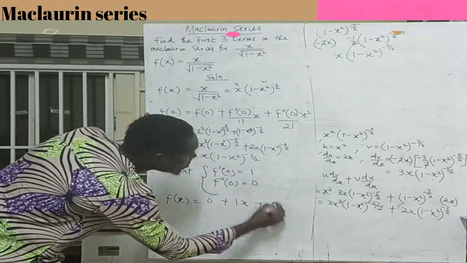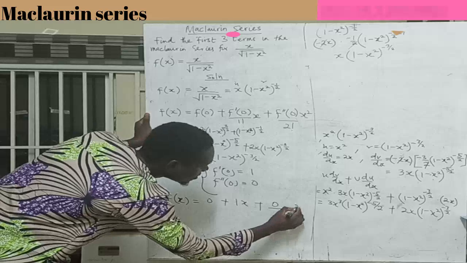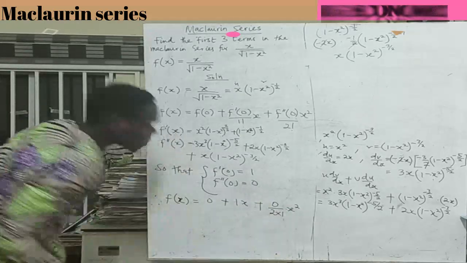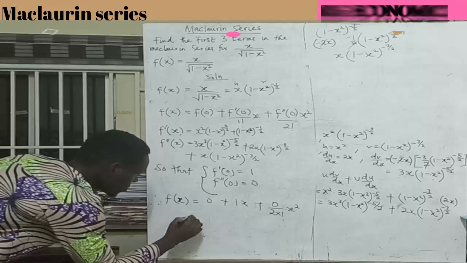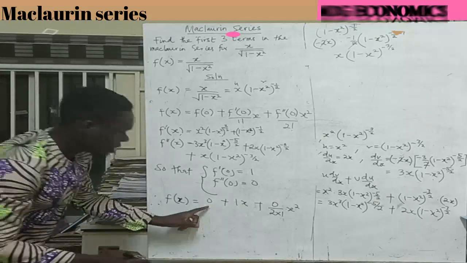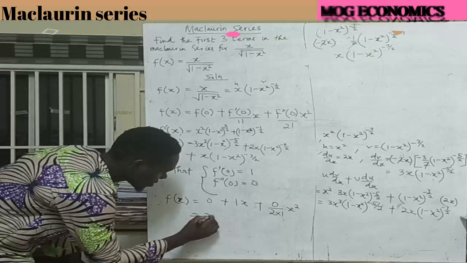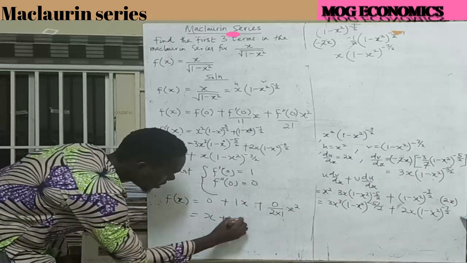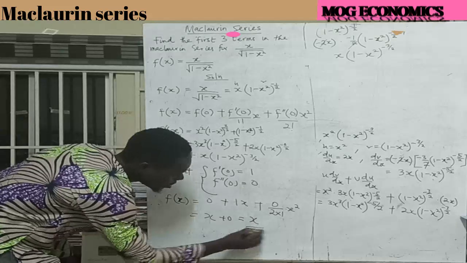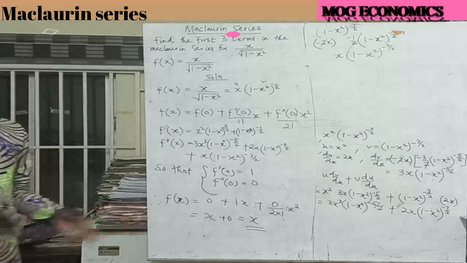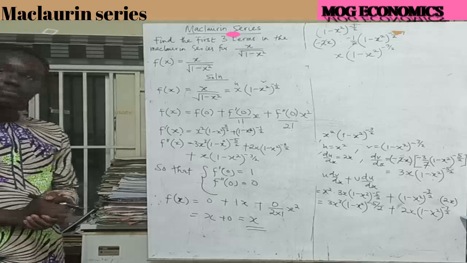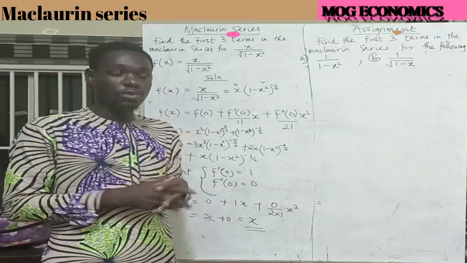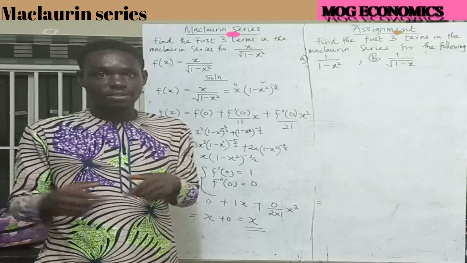Don't forget, just have something like this. So okay, here this is x, then this reduces to 0 plus 0, and then our result is, that's the final answer. I don't know if you have any question, you can drop them in the comment section.